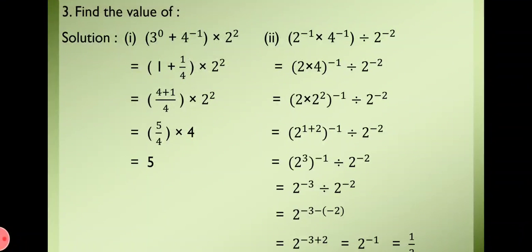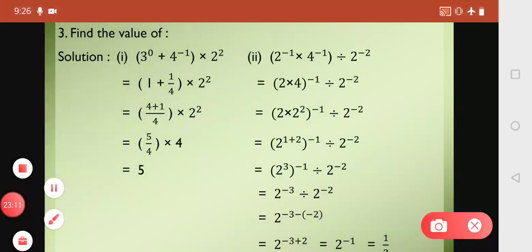Next question number 2. (2^-1 into 4^-1) divided by 2^-2. Here you can see that first we will solve the bracket. So here the bases are different and the powers are same, so we will use that law.